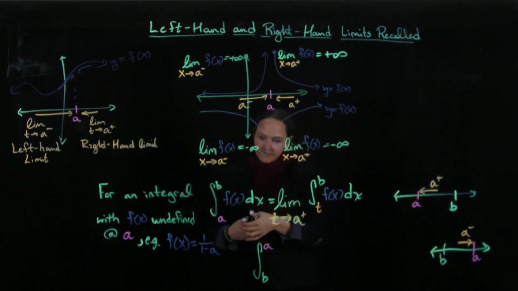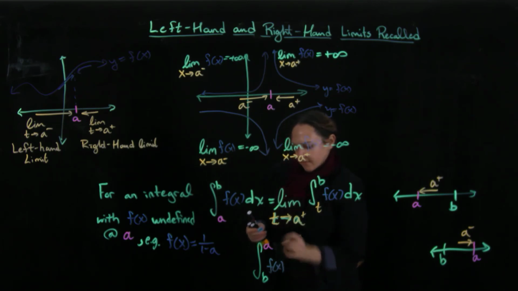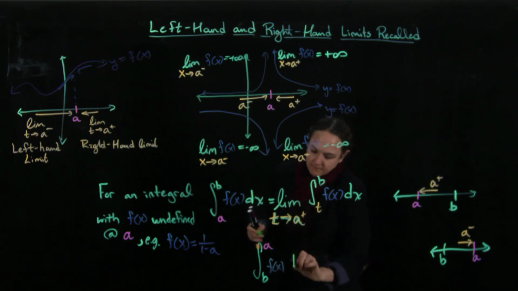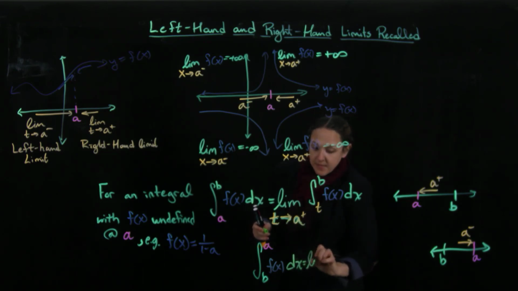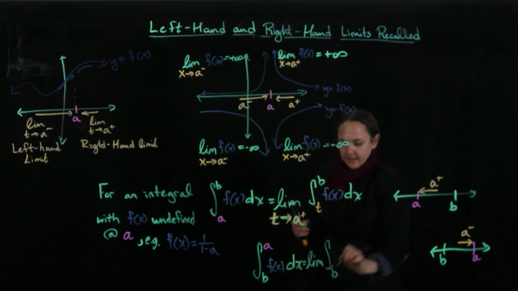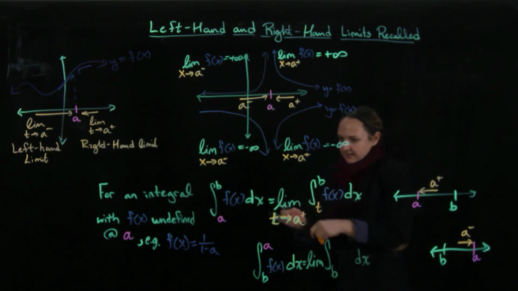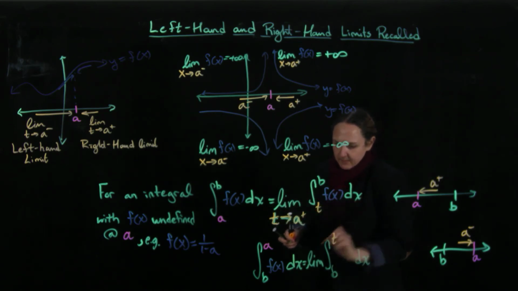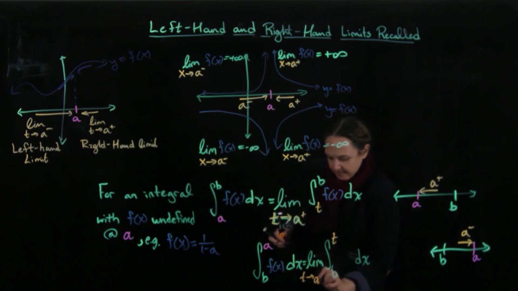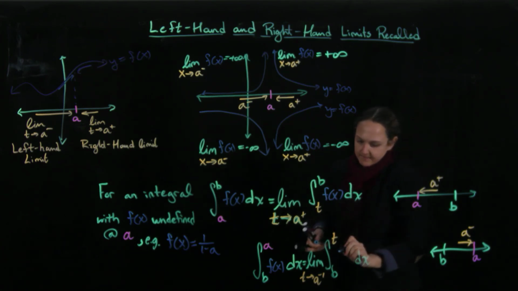So this integral is going to equal the limit, and then we have an integral with b down here. We replace the a with this t, and we're approaching t from the a minus side, of f of x dx.